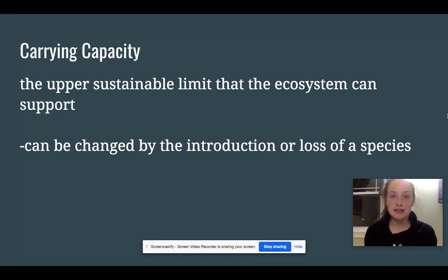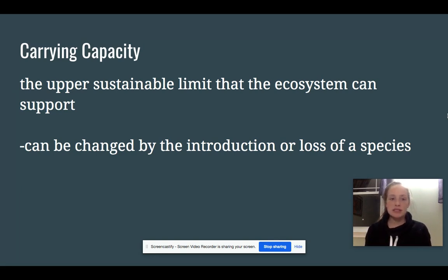The last thing we're going to talk about today is the carrying capacity. All those limiting factors that we talked about earlier, both abiotic and biotic, are things that will determine the carrying capacity of a specific ecosystem. The definition of the carrying capacity is the upper sustainable limit that the ecosystem can support.